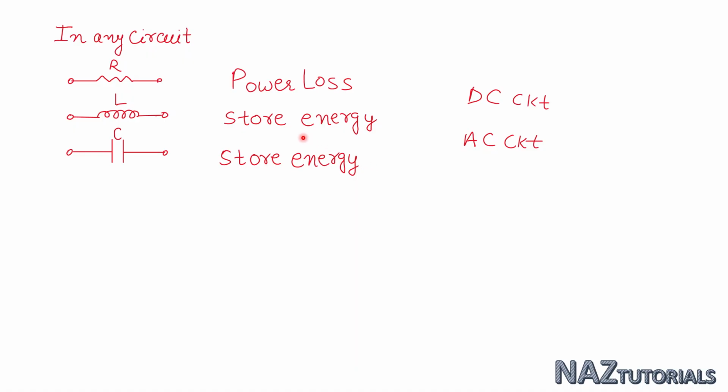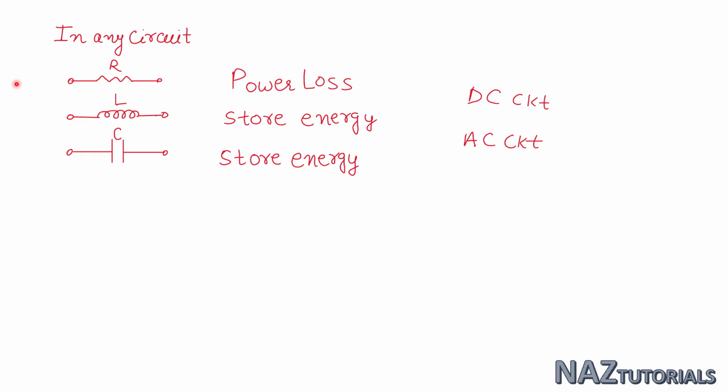In a circuit there are two types of sources: one is DC source and the other is AC source. For AC circuit analysis, power will be discussed in the coming topic, and here we discuss DC circuits.